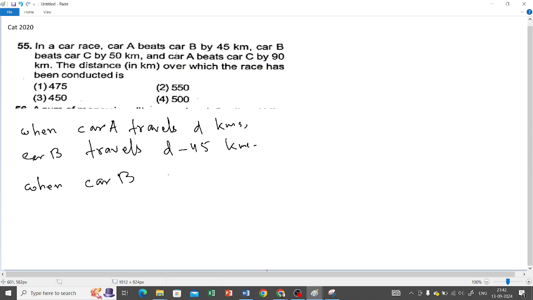So that means what? When car B travels d kilometers, car C travels d minus 50 kilometers, right?